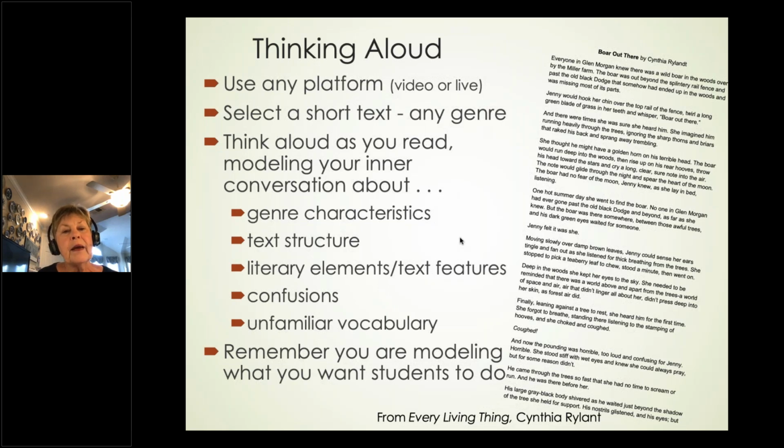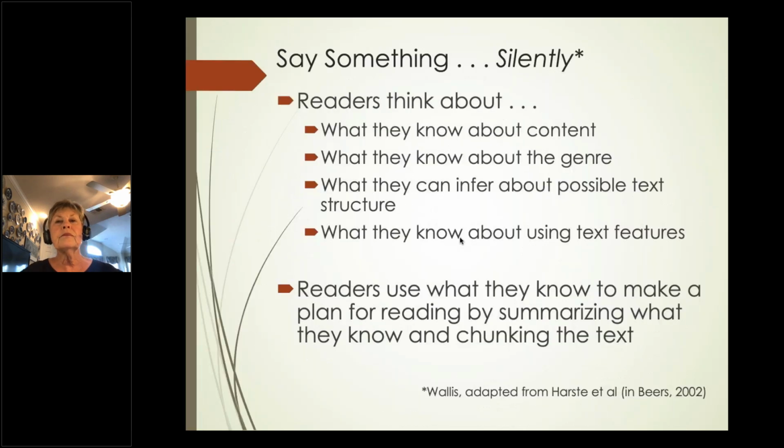And then occasionally stopping for unfamiliar vocabulary or vocabulary that's used in a new and unique way, perhaps in a text. Remember that we're doing the modeling for what kids will actually do. And so the clearer and more apt and lively that can be, the better. So we want kids to see an authentic performance.